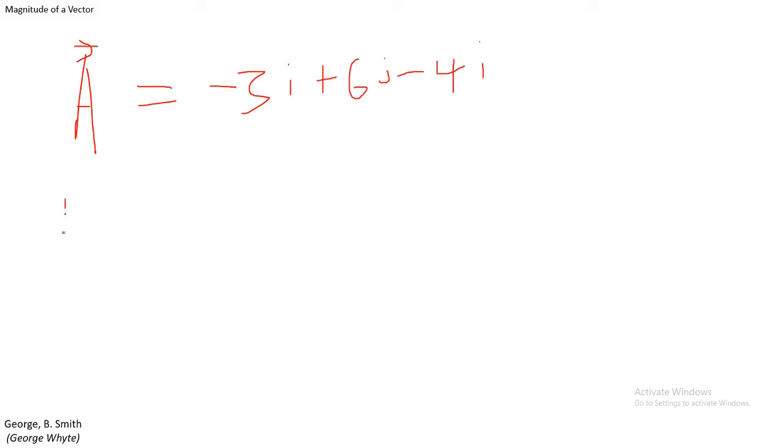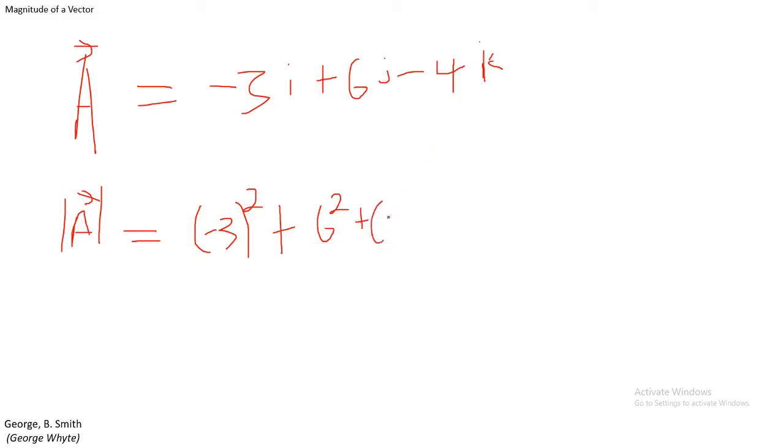So I'll wrap this within the pipe symbol, and it is going to be minus 3 all squared. I have 6j, but now it's going to be 6 squared. Then I have minus 4k, this is k, sorry, not i, this is k. So that will become minus 4 all squared.